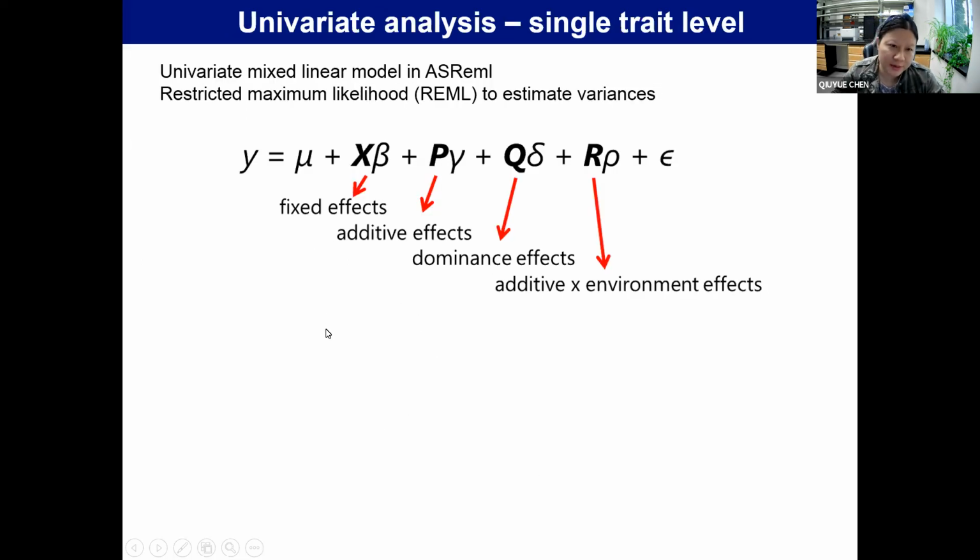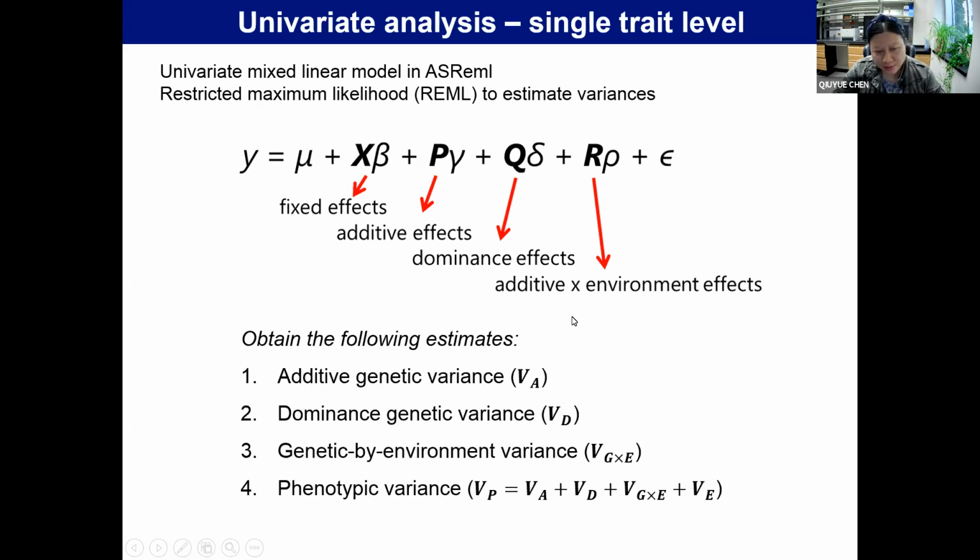With the genotypes and the phenotypes, we first performed a univariate analysis in the population. We fit a univariate mixed linear model in ASReml and used restricted maximum likelihood to estimate the variance. In this model, the fixed effects include the year effect and the field coordinates, and the random effects include the additive effects, dominance effects, and additive by environmental interaction effects.